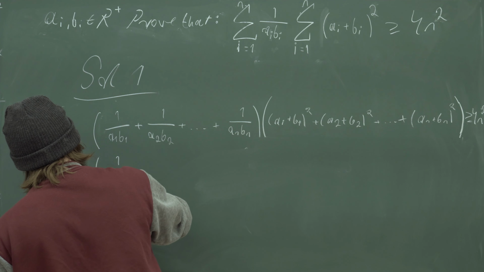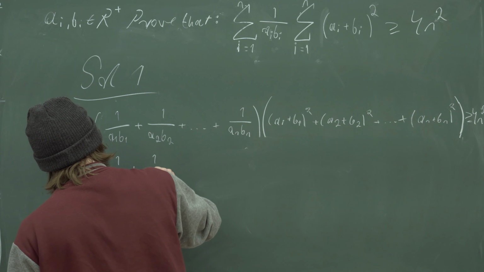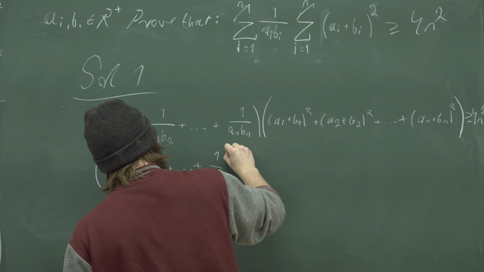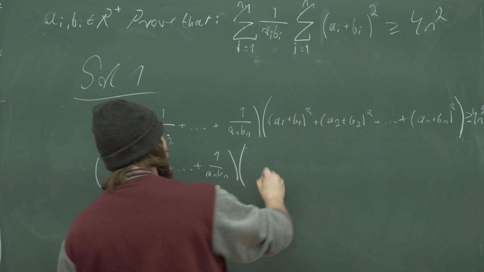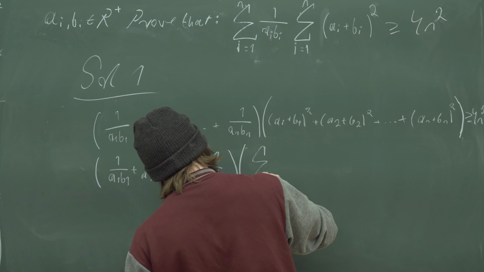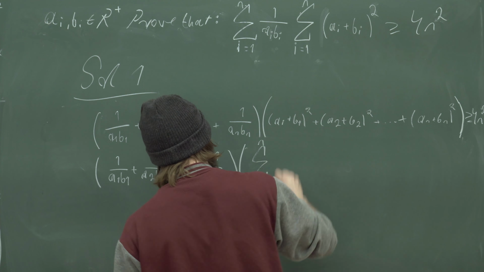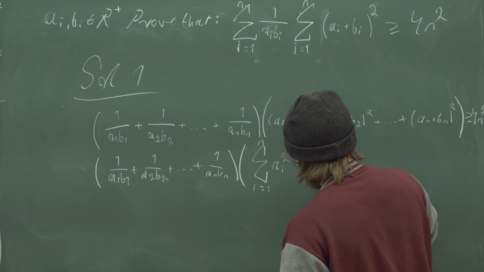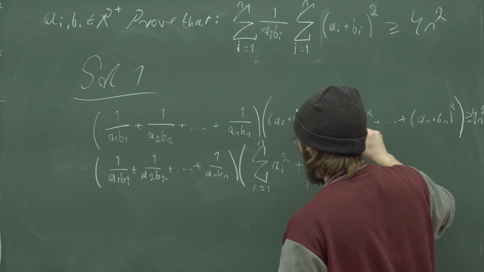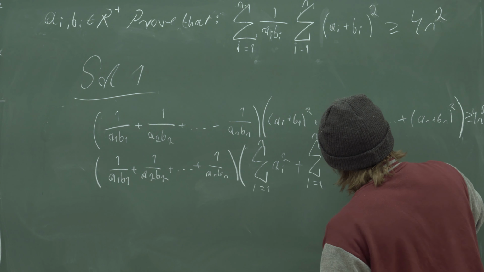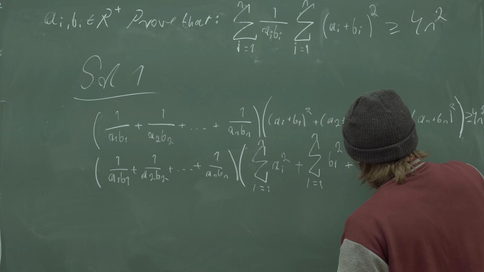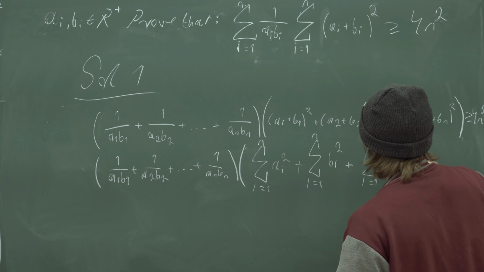So it would be reasonable to go about rewriting this parenthesis on the right something like this. Let me write the parentheses on the left here one more time. And here I would opt for something like this: the sum from i equal to 1 up to n of a_i squared, then another sum from i equal to 1 up to n of b_i squared, and then the sum from i equal to 1 up to n of double a_i b_i.